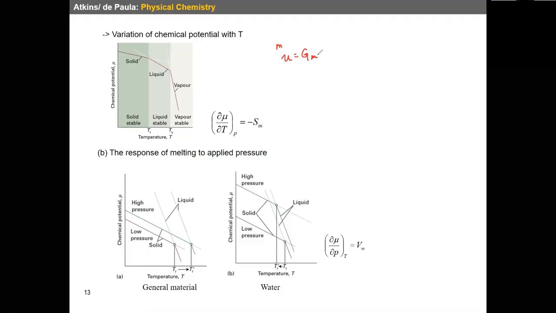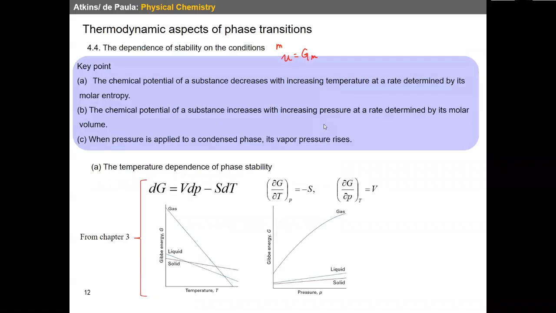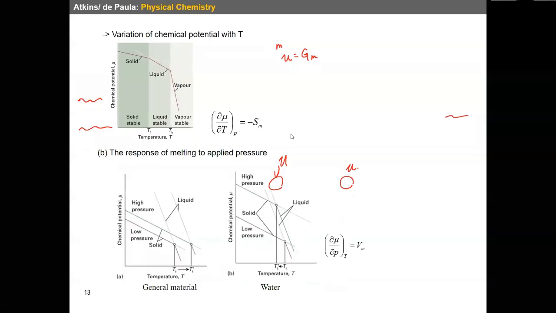So we can replace this G with the chemical potential to see the molar entropy or molar volume.